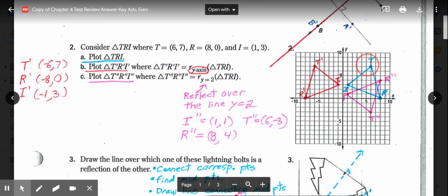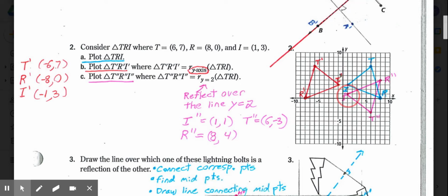That would be 4 units away, so on the flip side, T double prime would be 4 units away from y equals 2, or 5 units, my apologies again. 7 minus 2 is 5. I can do math. Then you do the same with R. R is 2 away from y equals 2, so R double prime would be 2 away on the opposite side. And then I is simply 1 away, so I double prime would be 1 away on the opposite side.